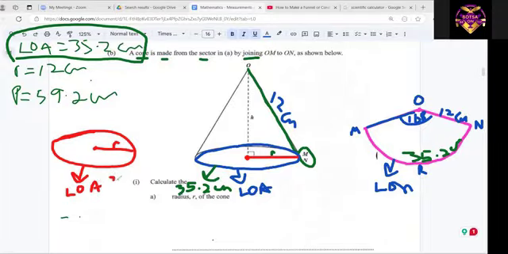Some people ask, how do we know the circumference of the circle when we found the length of the arc? Remember, circumference is perimeter. Perimeter is the length of an entire shape. So since we know the length of this arc, we also know the perimeter of that circular shape. When they fold it into the cone shape, that makes it the perimeter of that circular part. Does that make any sense?